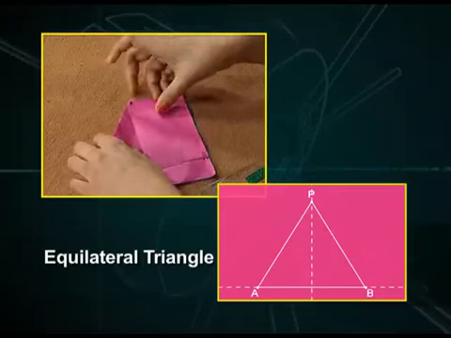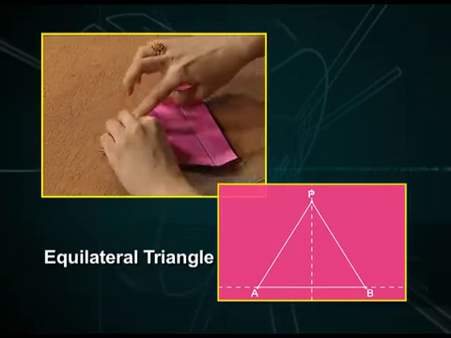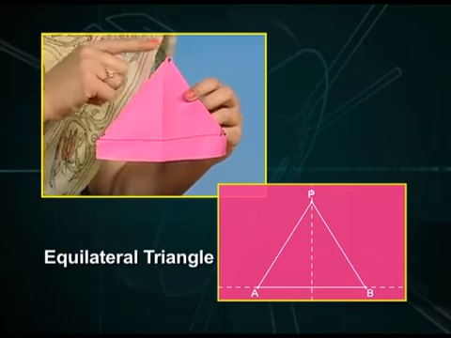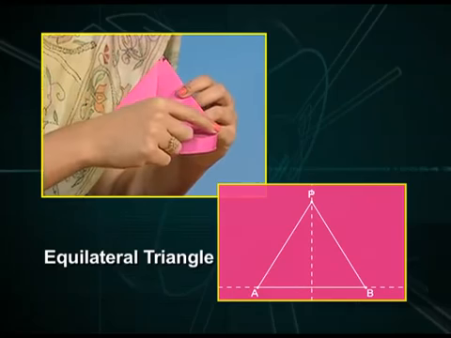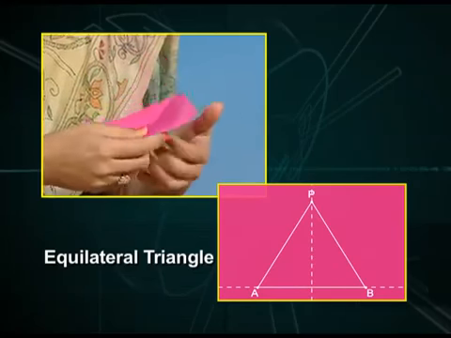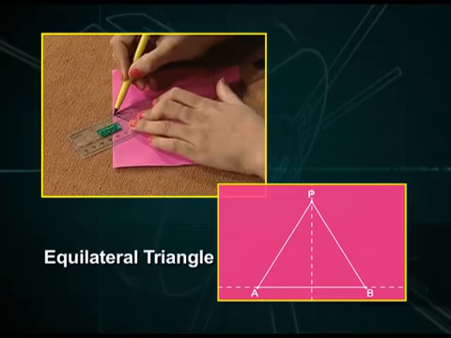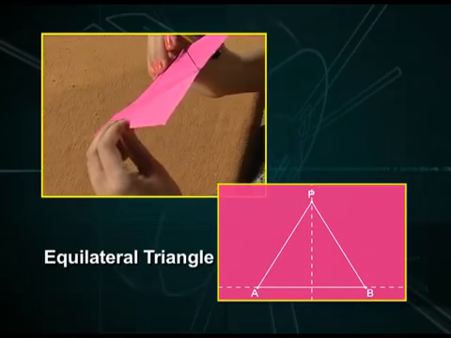So, let us make crease joining P and A, another crease joining P and B. You can see that we have a triangle PAB such that PA is equal to AB is equal to PB. Now, on the crease you can draw this triangle. In triangle PAB, all the sides are equal, so it is an equilateral triangle.